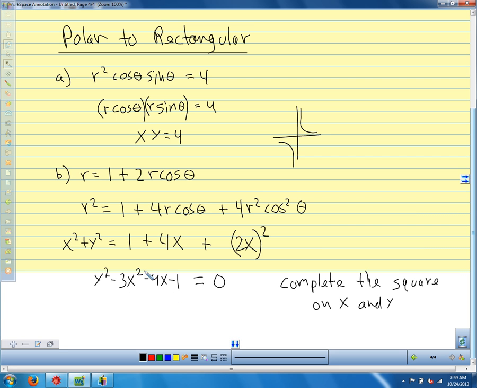We would complete the square on x, complete the square on y, and then we would get a familiar looking function, some conic section. So when we get something like this, to get a more familiar equation, we want to complete the square. I'm not going to go through that now, but that's what we would do if we wanted to get a more familiar equation.